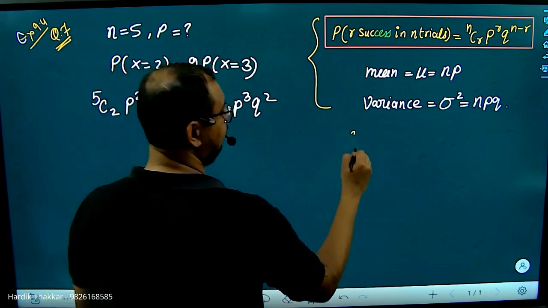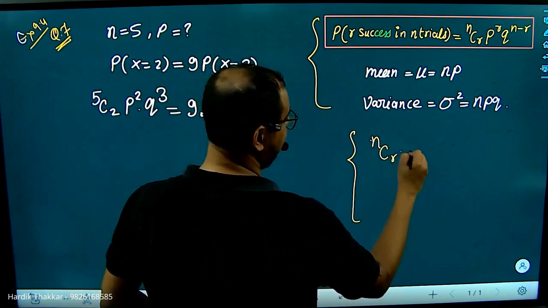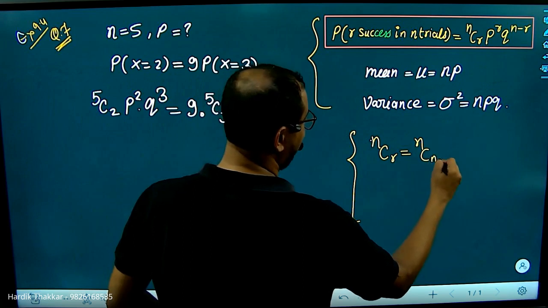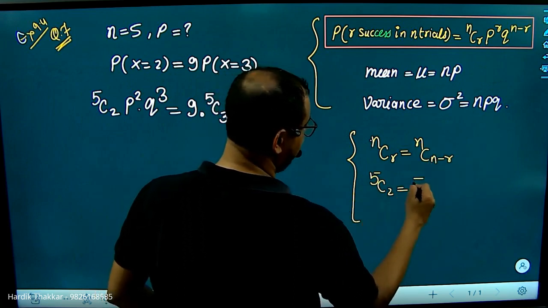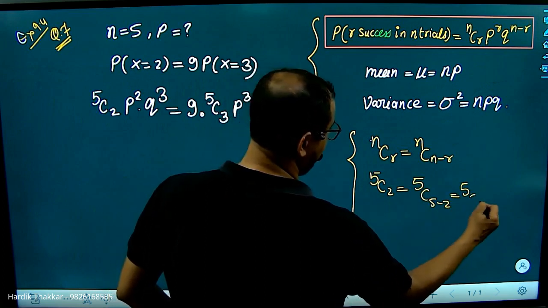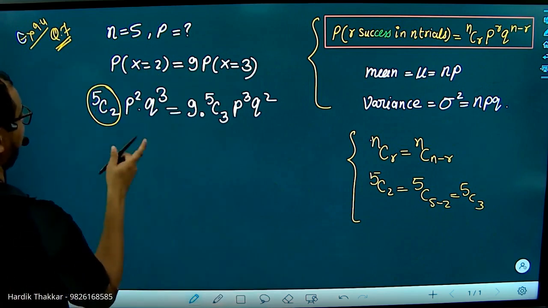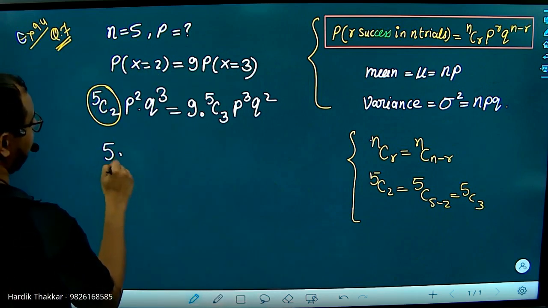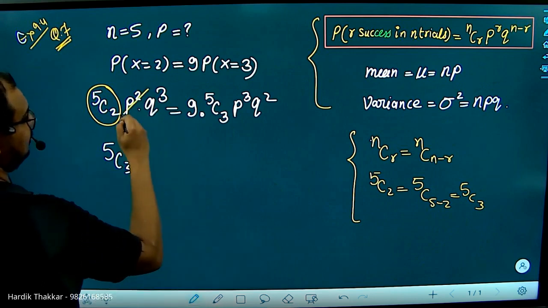Now, as we know, by the properties of combination, nCr is equal to nC(n minus r), correct? So we can write 5C2 is equal to 5C(5 minus 2), that is 5C3. So this 5C2 can be replaced with 5C3 here. Also, we can simplify this term.